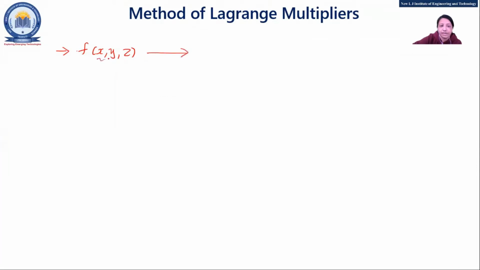These three variables are connected by some relation, that means some expression is given between the three. Suppose it is phi(x, y, z) equal to 0. This is my equation number 1.